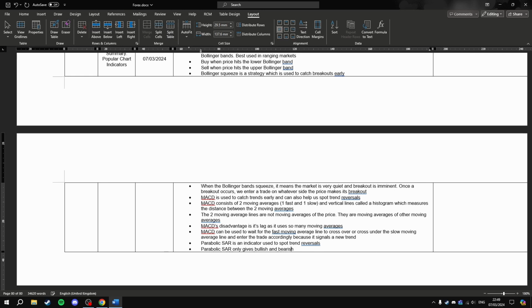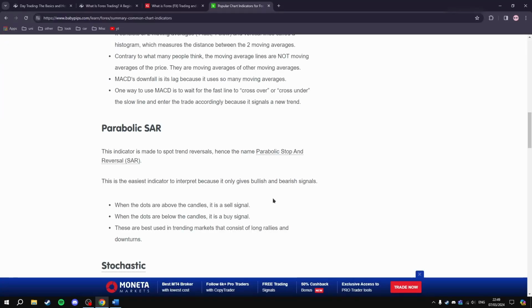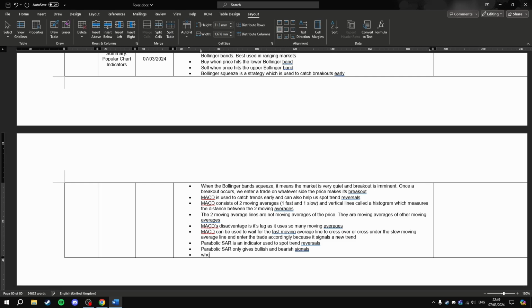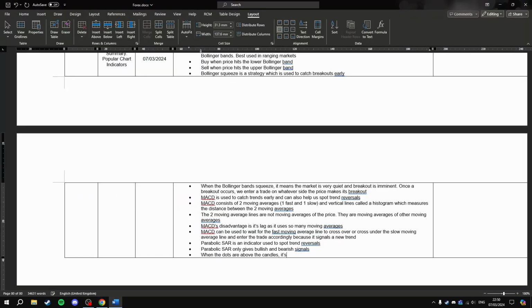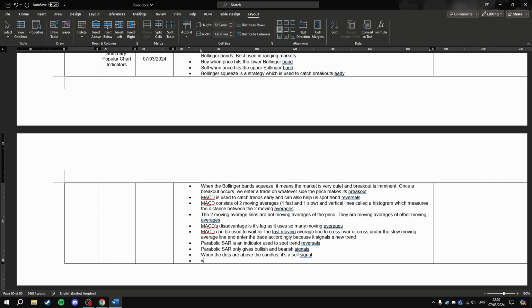When the dots are above the candles, it's a sell signal.